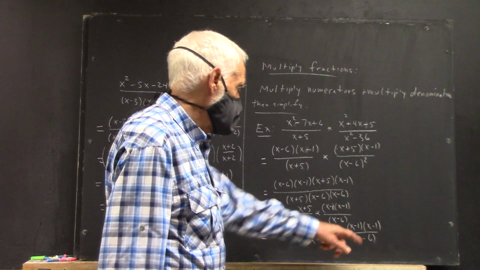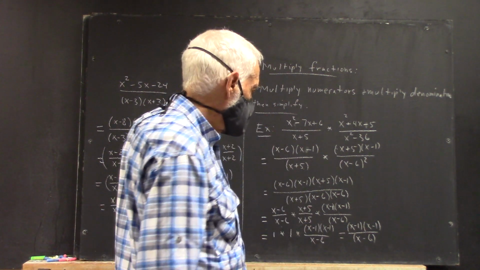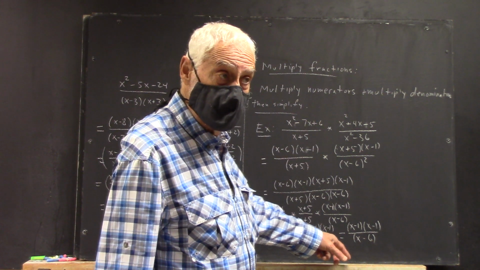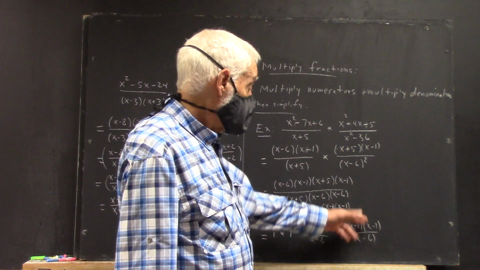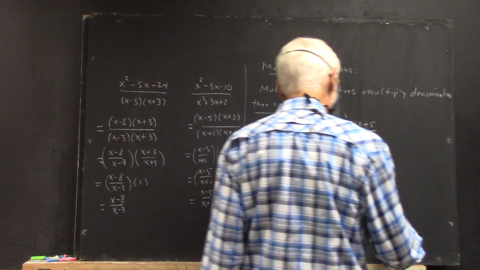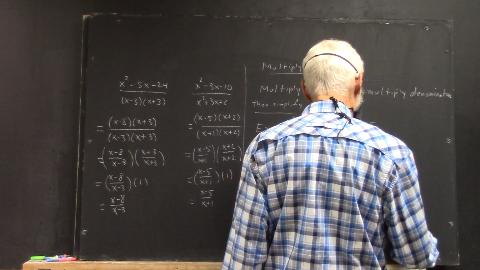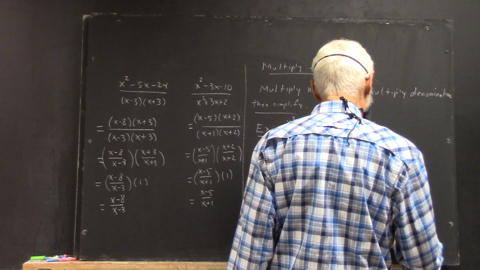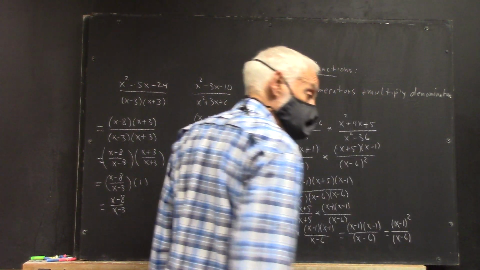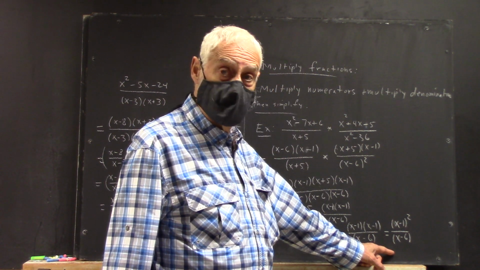Don't really need parentheses around the denominator, but I'll do it anyway. Okay? Now, there are a couple of ways I can write this. Okay, this is correct. But depending what form you want to get, you could write this as x minus 1 squared over x minus 6. And that would often be considered the preferred form.